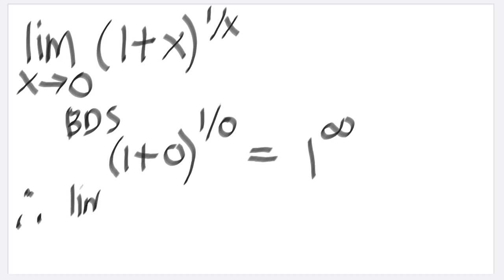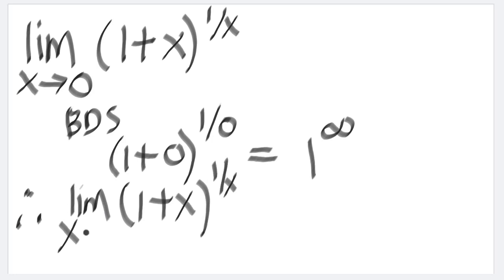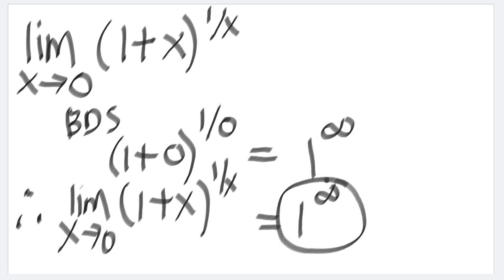So therefore, the limit of 1 plus x raised to 1 over x as x approaches 0 is 1 raised to infinity. And we know that this is an example of an indeterminate form.